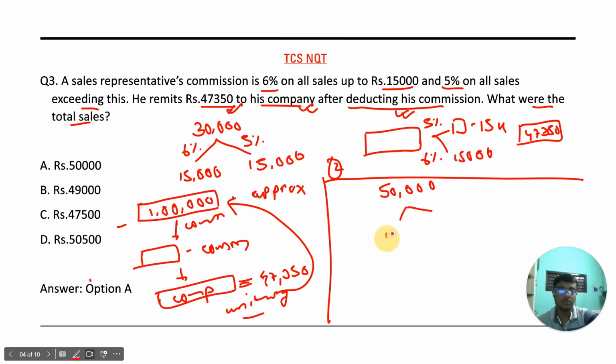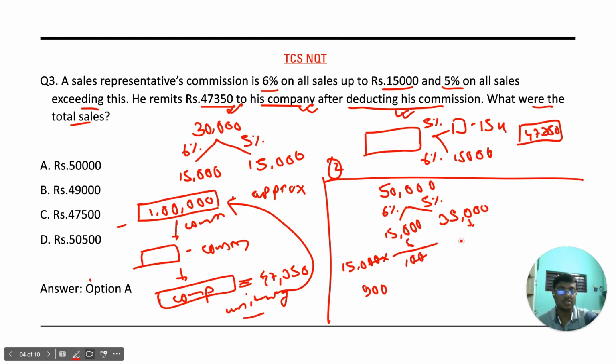So 50,000 would be divided into two slabs, one of 15,000 and the other of remaining 35,000. So this is 6% and this is 5%. If we calculate the commission, we have 15,000 into 6 by 100. Two zeros would be cancelled. 15 sixes are 90.